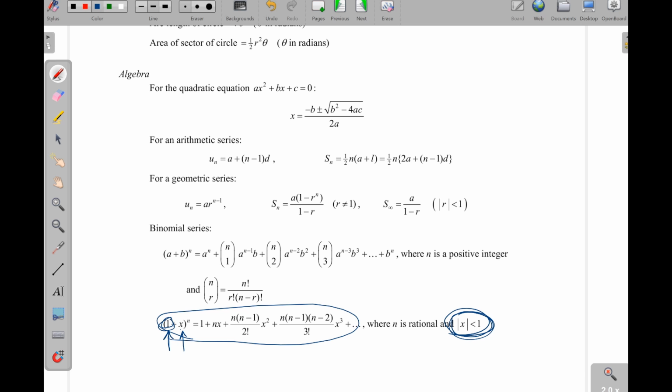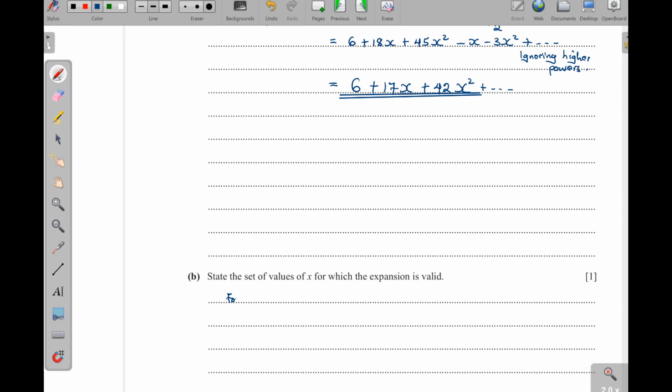So you must have a 1 here first of all. So that is what we are also going to use the other side. So for 1 plus x to the power of n, okay, validity is this modulus of x less than 1.